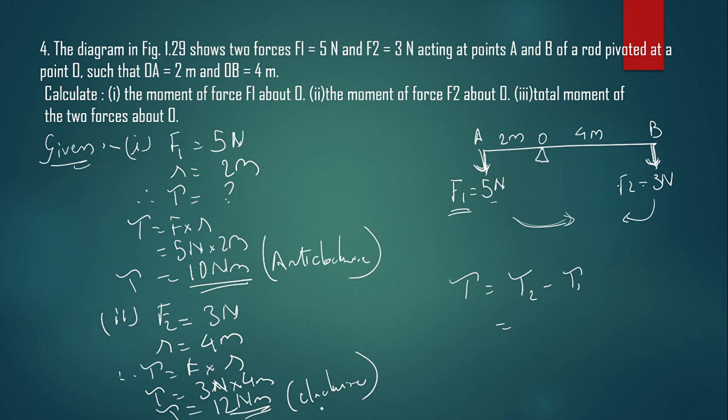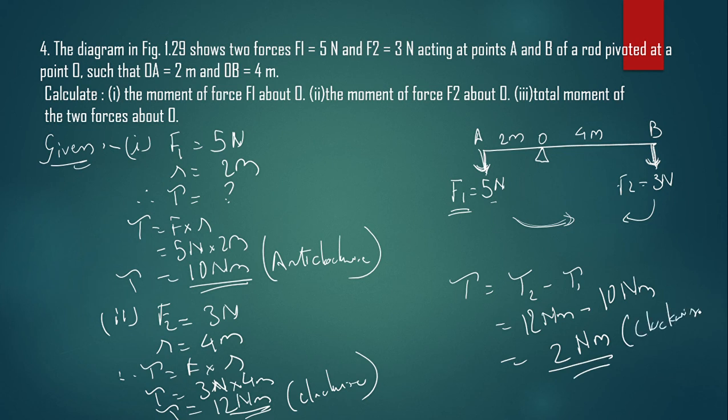Since the clockwise one is greater, we take the greater one first. So 12 Newton meter minus 10 Newton meter gives us 2 Newton meter, in a clockwise direction, because 12 is greater than 10. Hence, when we take the difference, it gives us the total moment.